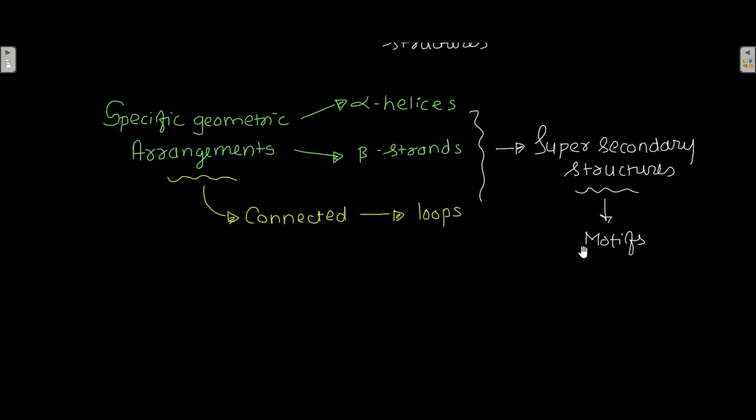Okay, what is super secondary structure? The specific geometric arrangements of the alpha helices and beta strands connected by loops. Okay, that is what your super secondary structure is, and it is also known as motifs.